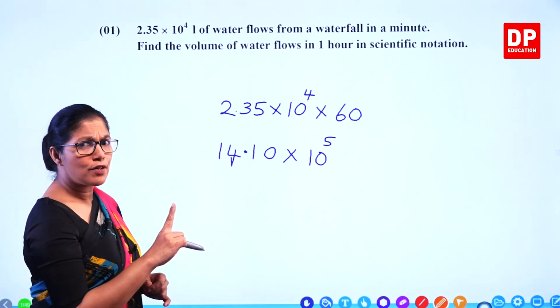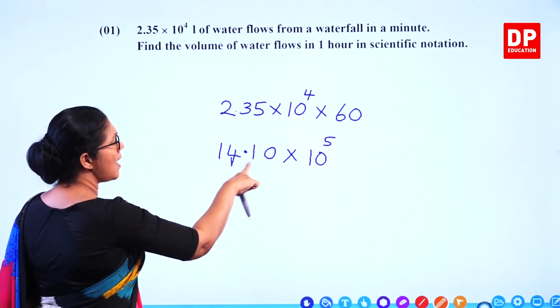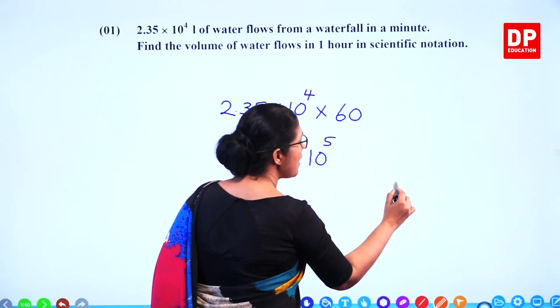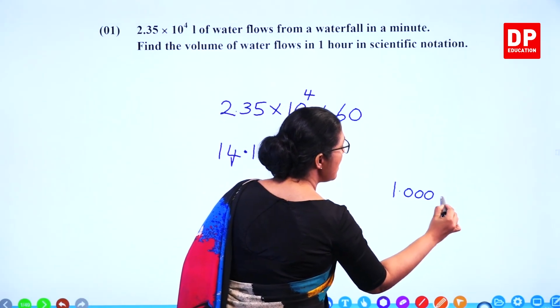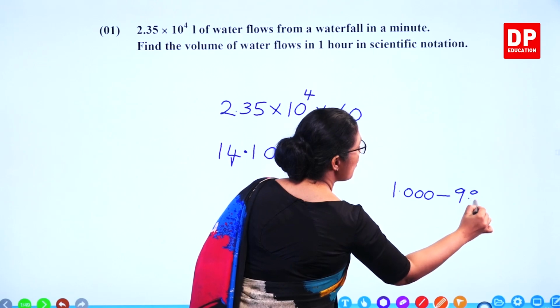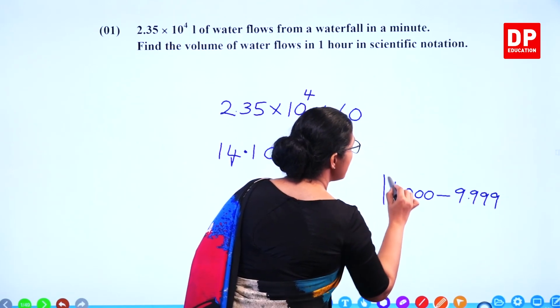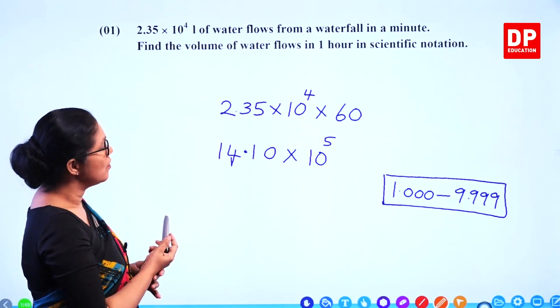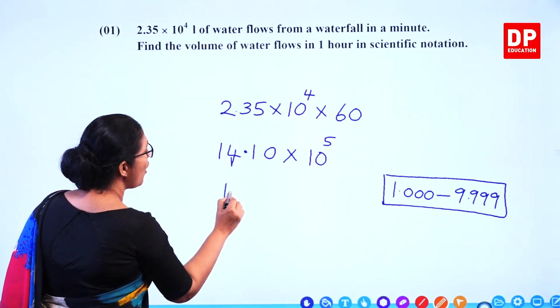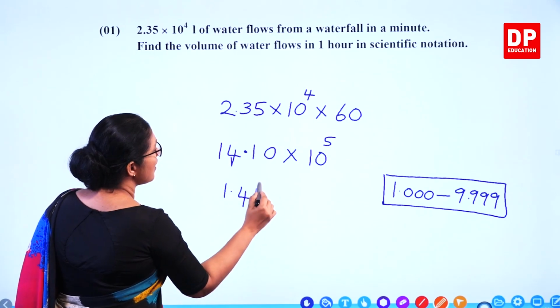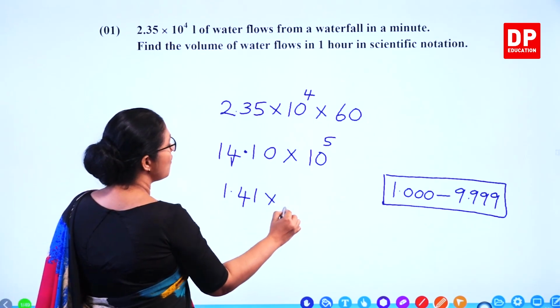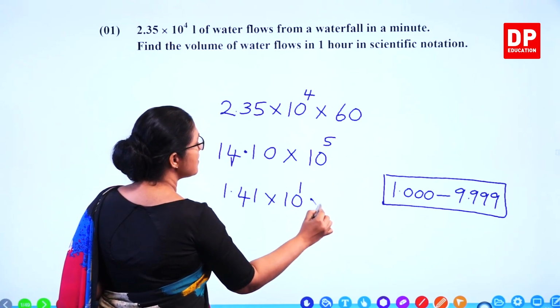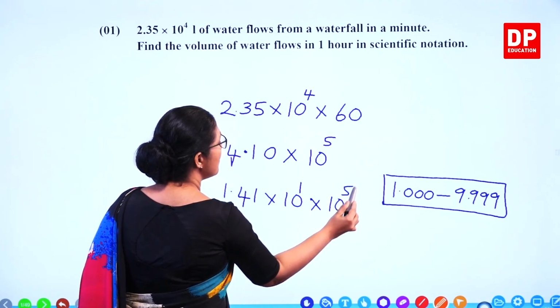Is this in scientific notation? This is not in scientific notation because you have to write down the answer in between 1 and 9.999, something less than 10. So 14 is above 10, so you have to write 1.41 into, here 10 to the power 1 is there, and this 10 to the power 5.